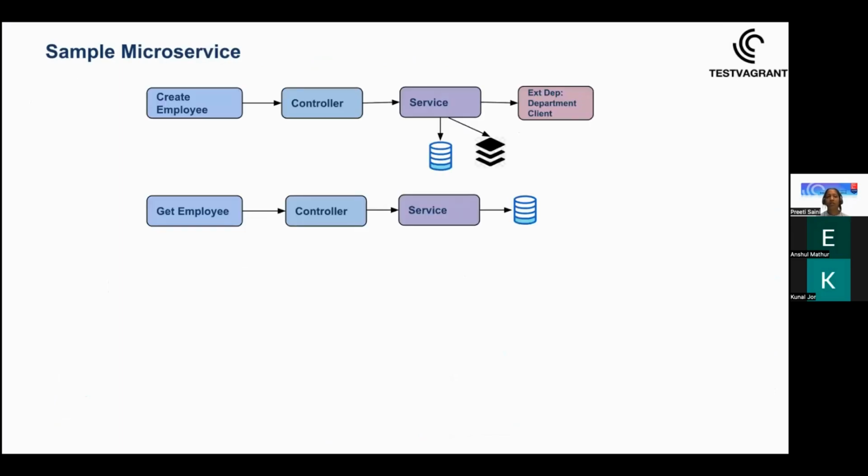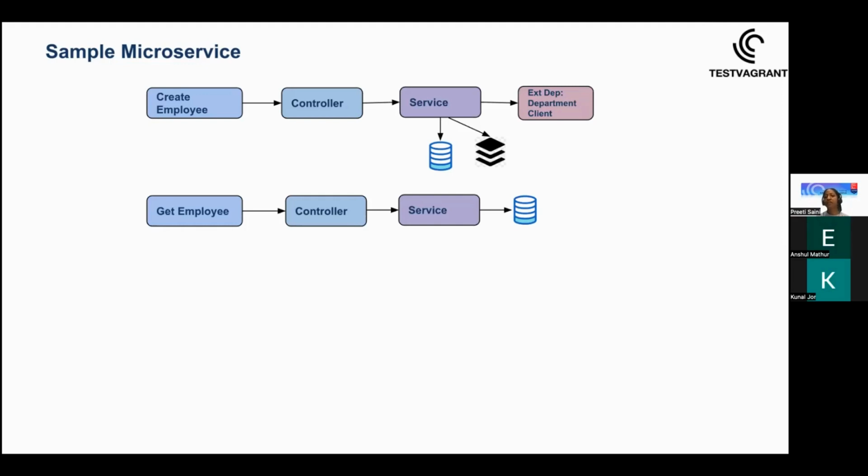Let's look into the sample microservice that we have created for the code demo. We've created a sample employee service which has two APIs, two resources available: one is create employee, one is get employee. As part of create employee, we pass a post request to a controller, and from the controller it sends the request to the service layer, and the service layer calls an external client, a department client.